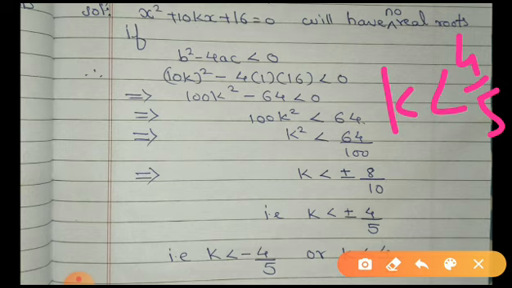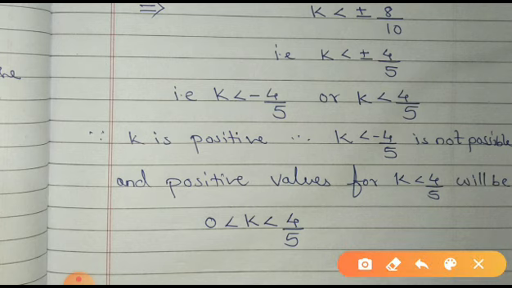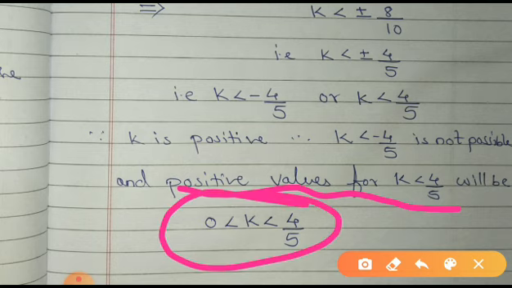If the question had written non-negative, I would have to include that 0. But here the question is what? It is positive. So I have to write k should be greater than 0, but k should be less than 4 by 5. And hence, since the values of k are positive, we'll be getting 0 less than k less than 4 by 5. Okay.